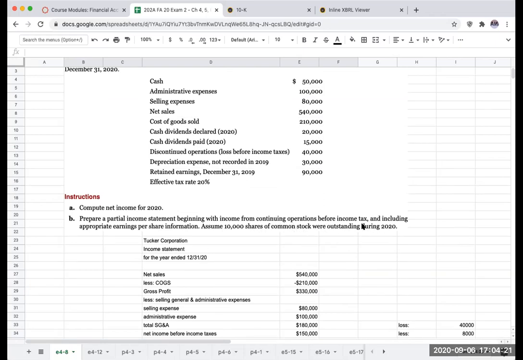But if I said, well, we had 100,000 outstanding at the very beginning of the year. On March 1st, we repurchased 20,000 shares of stock. We later issued shares on October 1st. We issued 30,000 shares. You get where I'm going, and it can become an absolute nightmare. That's why I wouldn't do that to you on this exam, because it's not really something I'm covering. Rather, I just want you to become familiar with the concept.